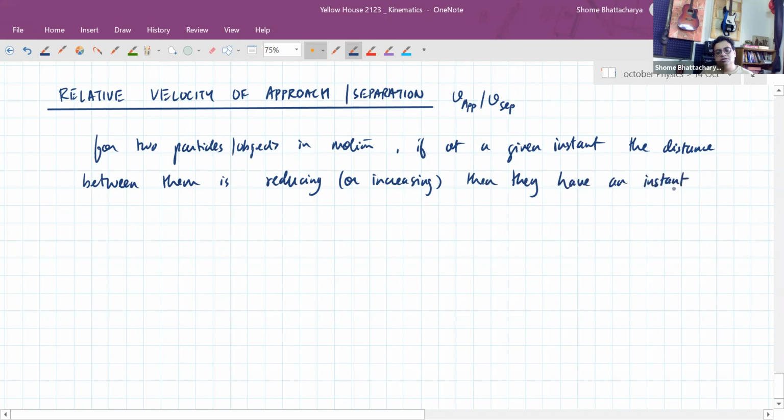The term instantaneous means that it is at that moment. It might change after a while.